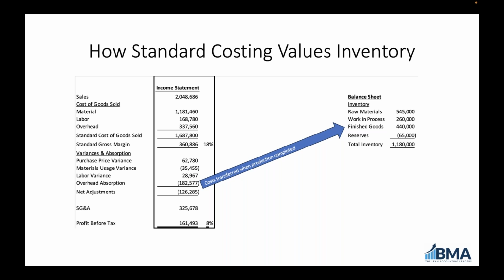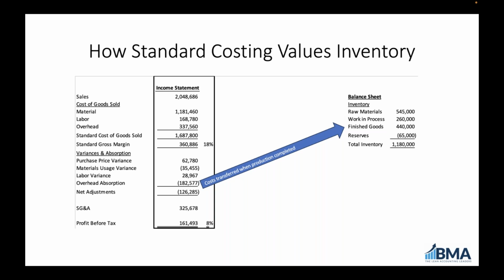So the idea is you close a work order, and when you close the work order, the numbers are going to move, because your finished goods needs to have the material cost and also the labor and the overhead costs, which are called production costs.